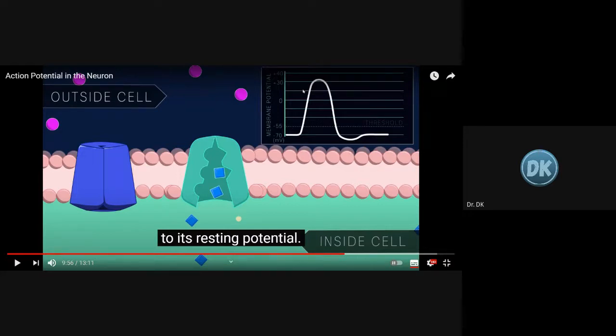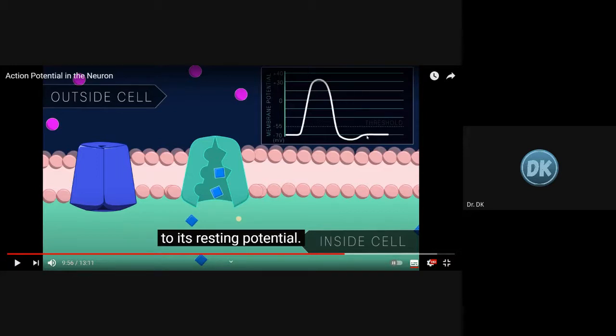When repolarization is happening, when it is going down to the electronegative state, this sodium potassium pump, which is our main key factor, will throw the excess sodium ions outside and bring back the potassium ions inside, so that the electronegative state is maintained. Before it reaches the resting potential, the cell will be in electronegative state for a short period of time, and then it will go back to its resting potential.